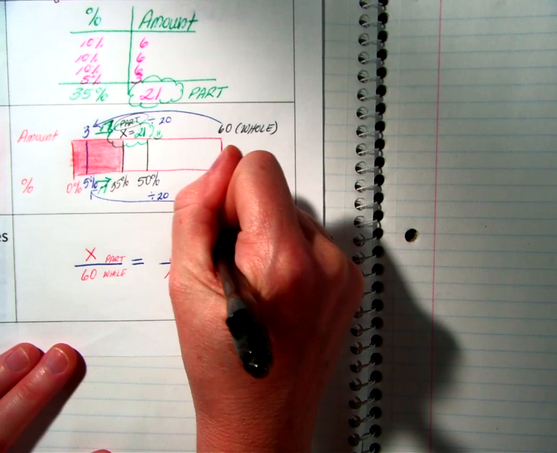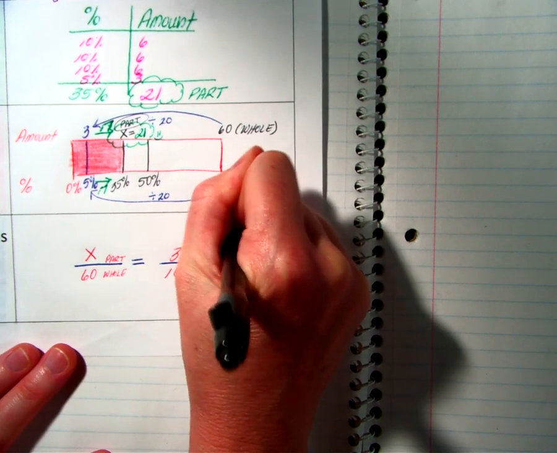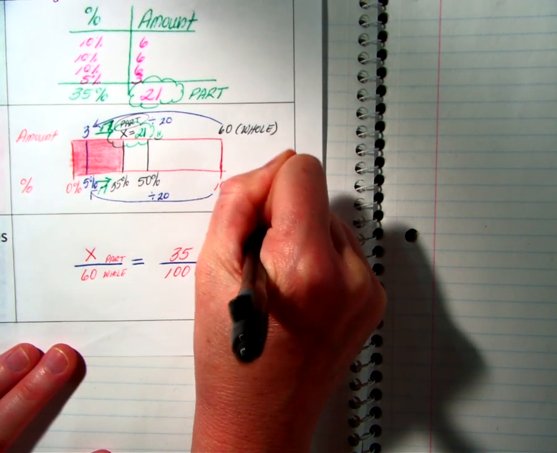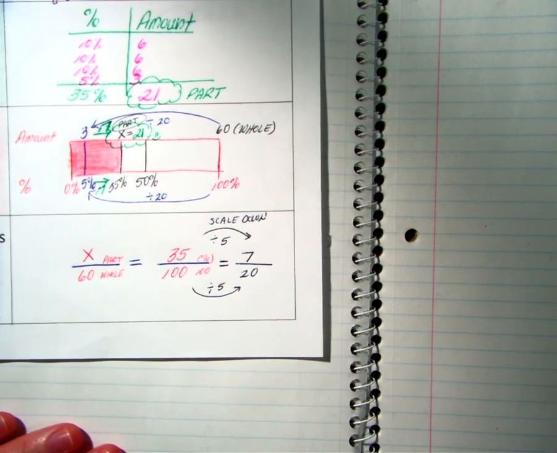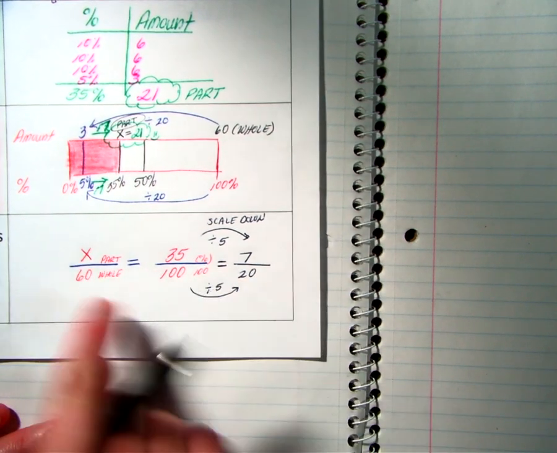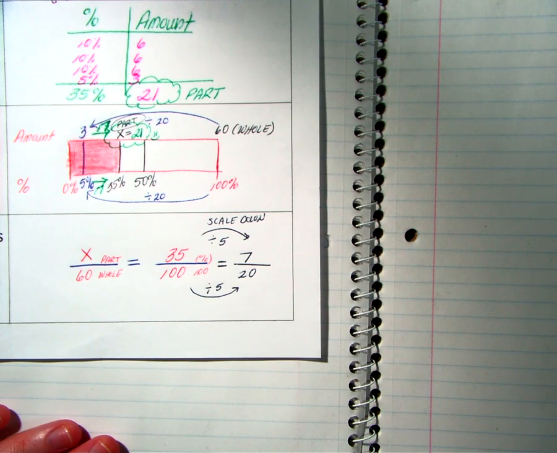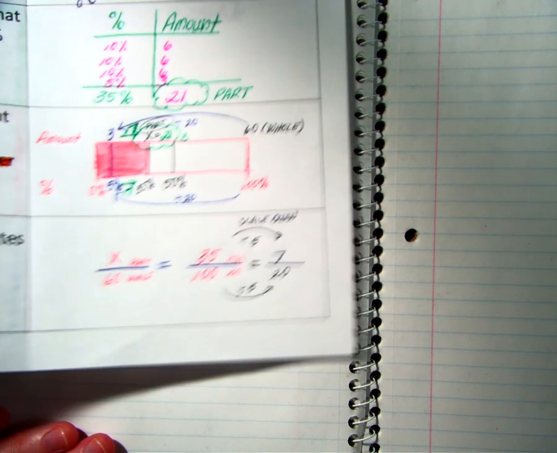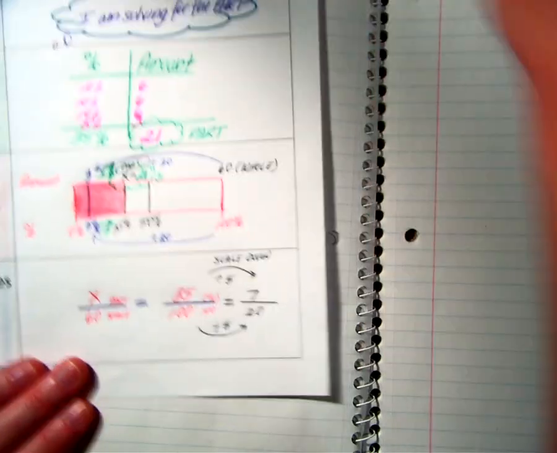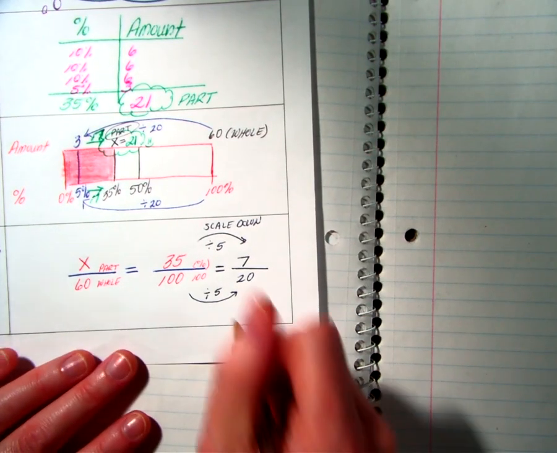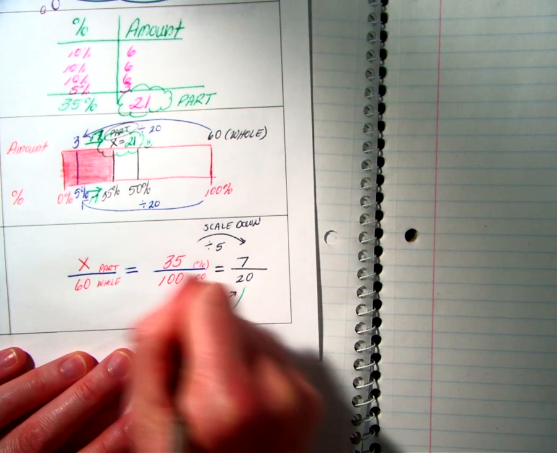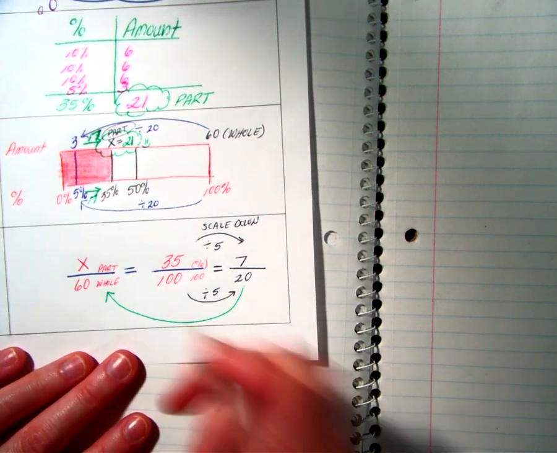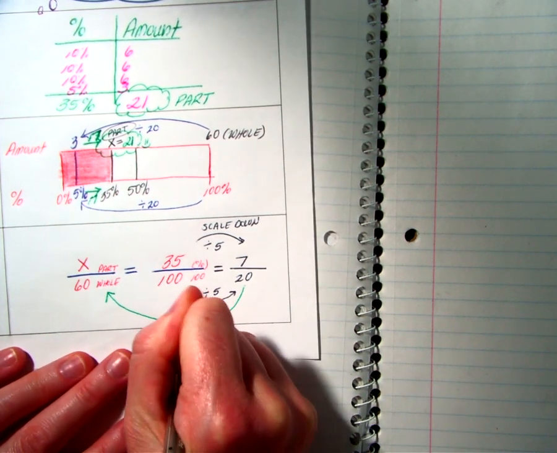So what I just did here was I scaled down. Why did I scale down? Because I wanted to get to a factor that would be friendly with 60. We want it to work nicely. 100 and 60 were not compatible at that time. Now we can scale up from 20 to 60 quite easily. 20 times 3 is 60.